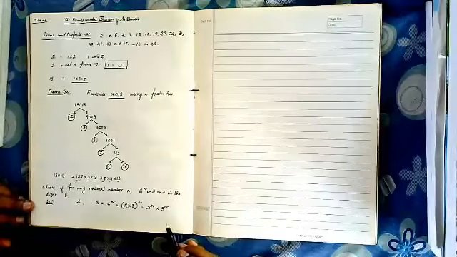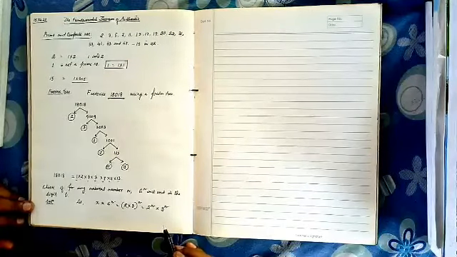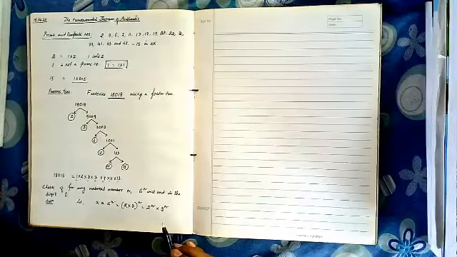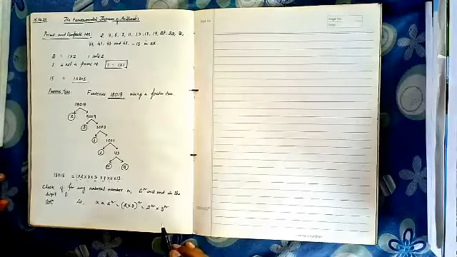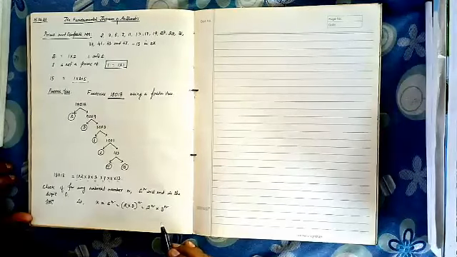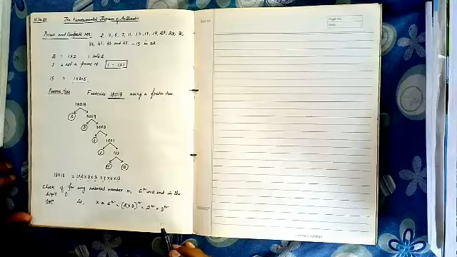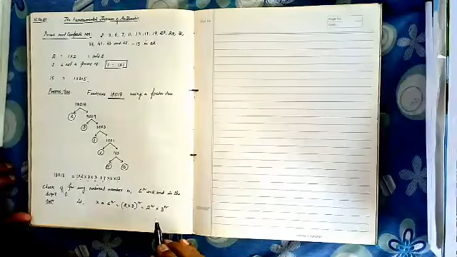Now what we observe? We observe that the prime factorization of 6 to the power n, n belongs to natural numbers, has the factor 2 but does not have the factor 5. What do you know?